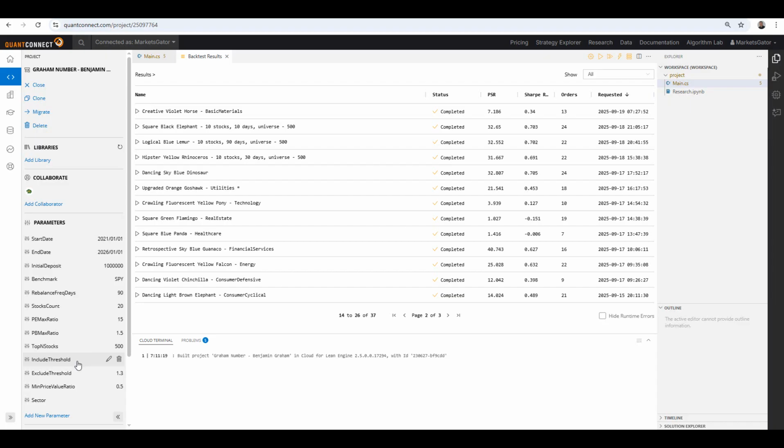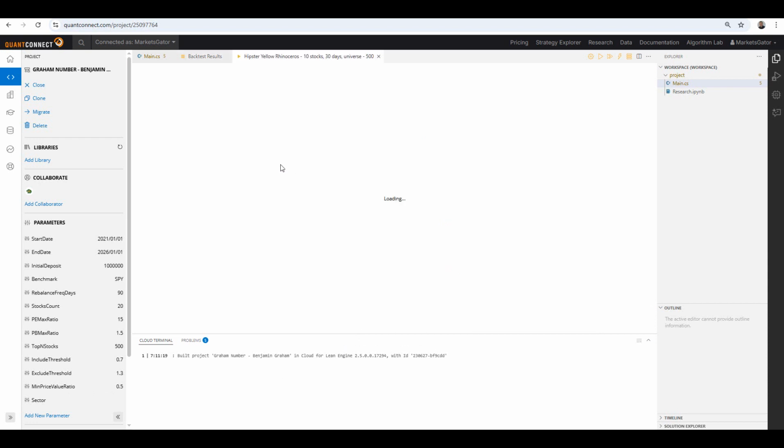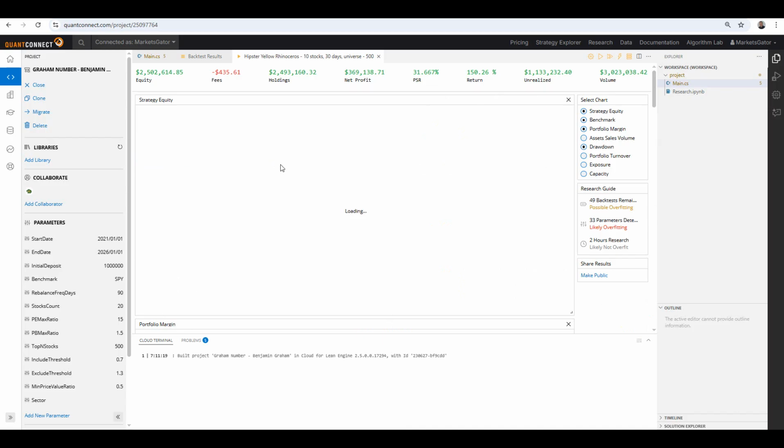I've also introduced a special parameter for minimum price to value ratio to exclude stocks with negative earnings per share and anomalies when, due to reporting issues, the value is too high. Let's open the first run, 10 stocks, and the rebalance period is 30 days.